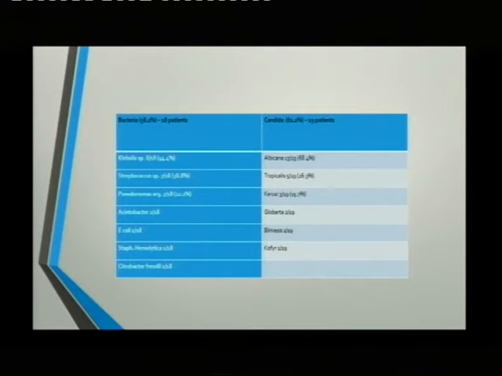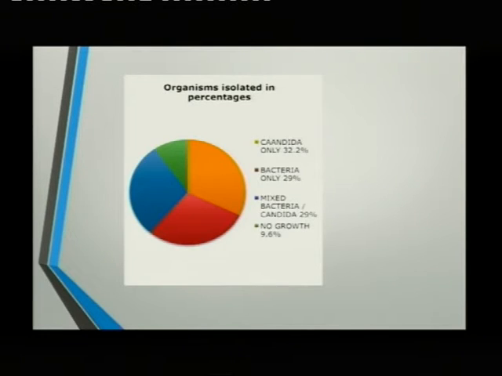This table shows the number and different kinds of organisms. In the bacterial group Klebsiella was the most common, and Candida albicans was the most common of the fungi. This is another diagram showing the same result.